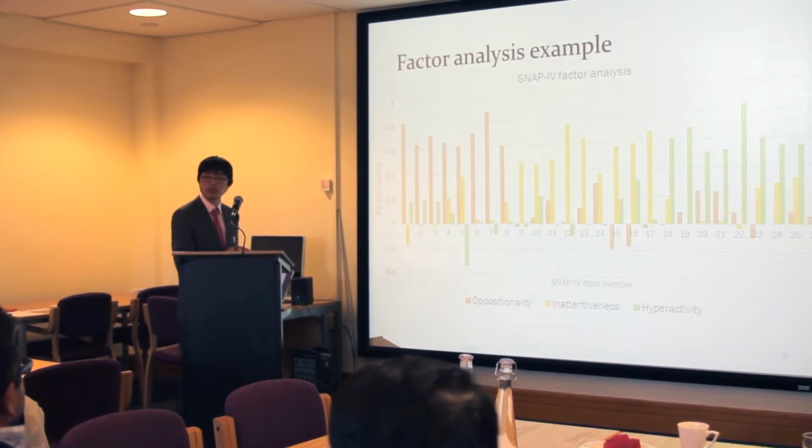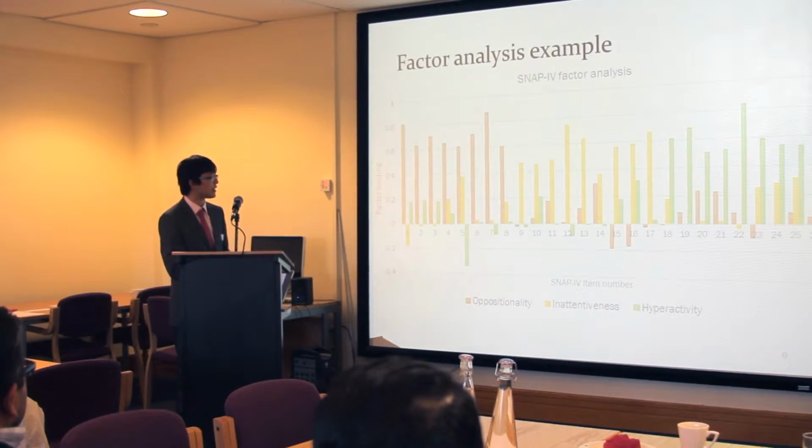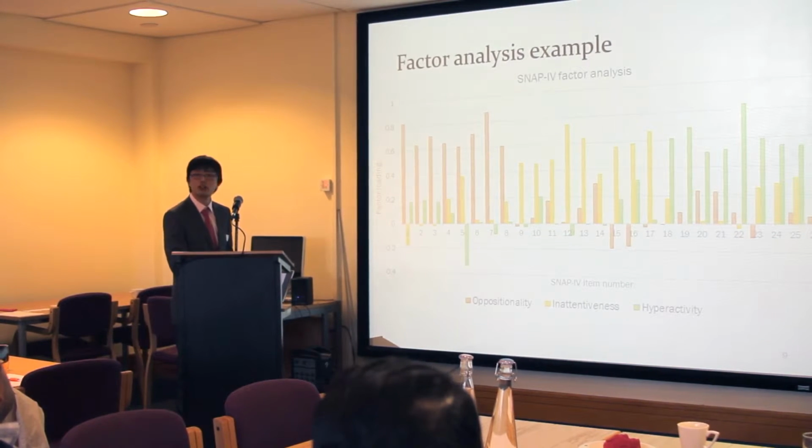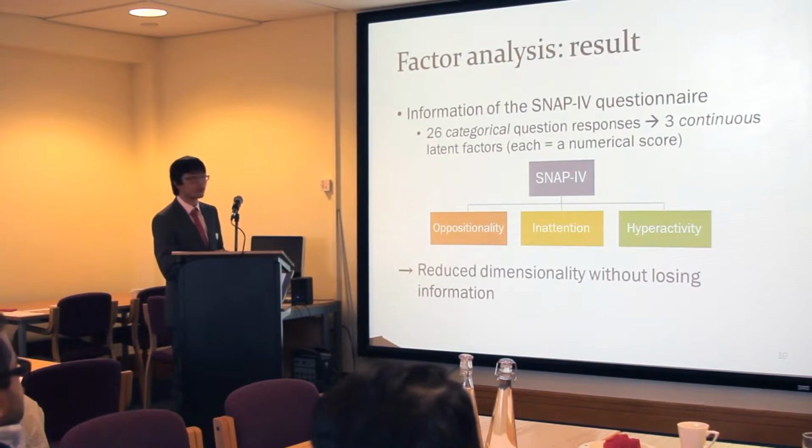That's because the first 8 questions were designed to measure that. So we can confirm that the questionnaire is doing as intended. And what we can do now is take the questionnaire answers and use this factor analysis model to compute 3 continuous scores. This way we collapse the 26 dimensions into 3 dimensions.